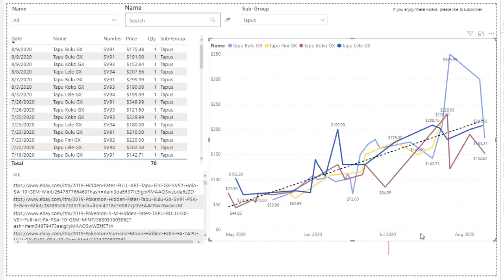So if it's announced that there will never be another reprint of Hidden Fates ever again, then the price of the shiny Charizard GX card, the Cynthia card, Mewtwo GX, and I want to say Darkrai GX as well, those high population shiny vault cards. The higher the population, the more the price is going to fluctuate with the hype, in my opinion. It would be very interesting to see if that plays out.